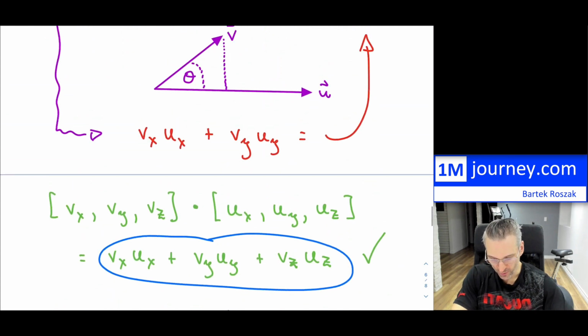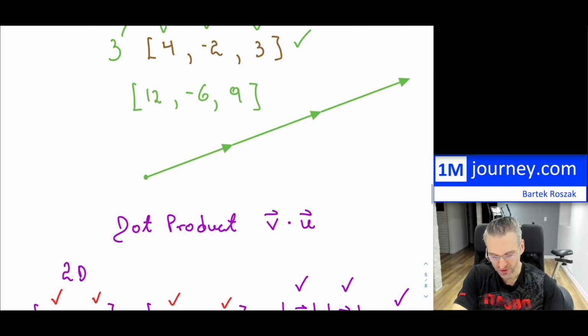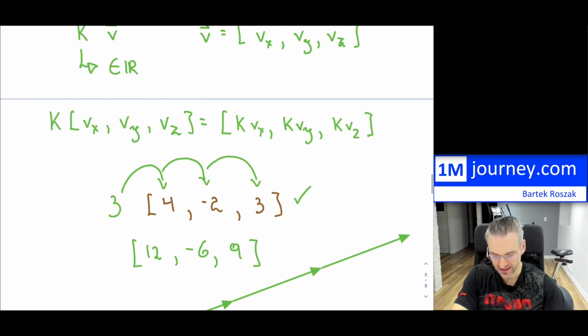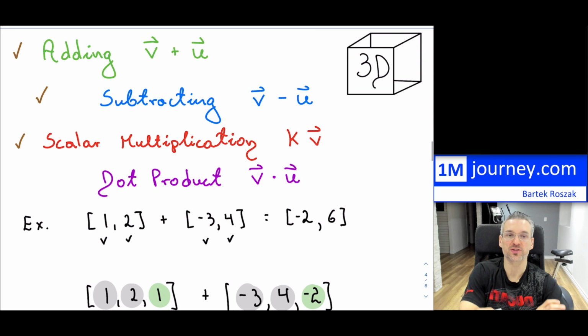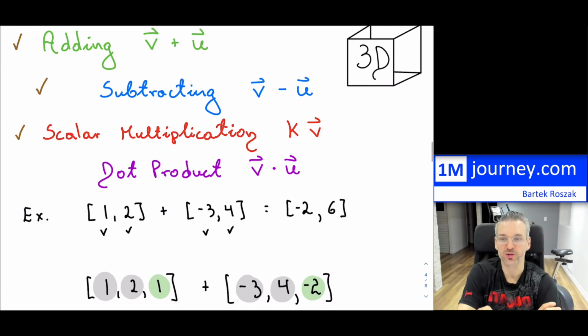So that is what I wanted to pass on to you in this video, is basically extend the concepts from 2 dimensions to 3 dimensions. I have covered 2 dimensions in quite a few videos, and now I just wanted to extend the addition, subtraction, scalar multiplication, and dot product to 3 dimensions.